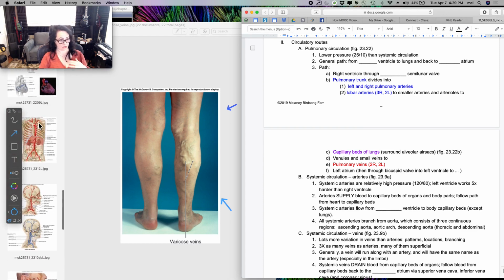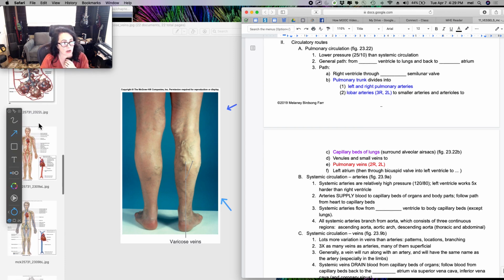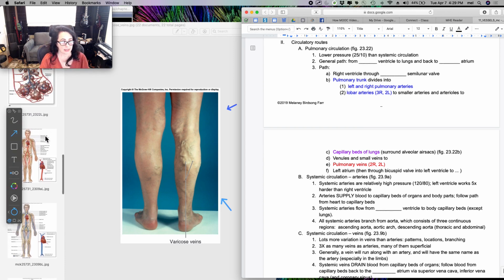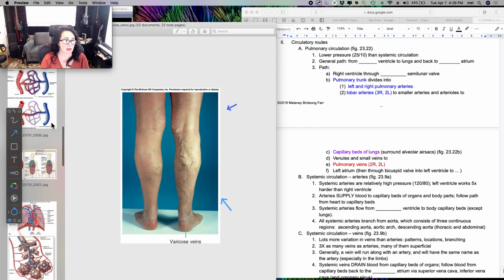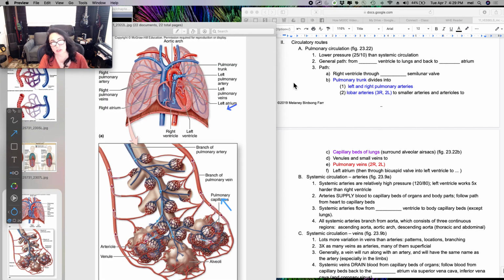I always ask this question, but I'm going to try it again. You guys aren't here, so I can't tell if you get it or not, so we'll do our best. What accounts for the difference in pressure between pulmonary circulation and systemic circulation? Not why is it okay that pulmonary circulation is way lower pressure than systemic circulation, but what anatomically accounts for the difference in pressure?